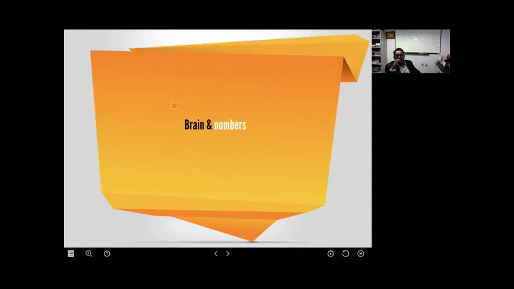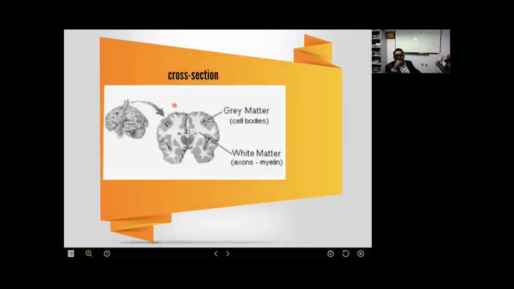Now, just to give you some interesting numbers, the brain of an average person with average height and weight weighs about 3 pounds, with 100 billion neurons in it. Another interesting thing is that when you take a cross section of the brain, you'll see light and dark matter, I'm sorry, the white and the gray matter.